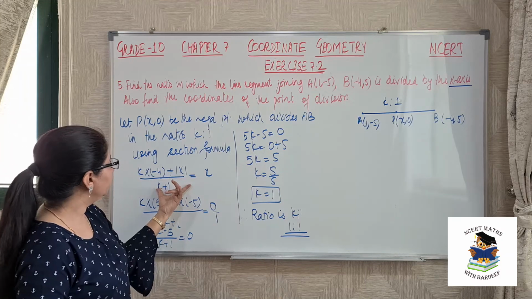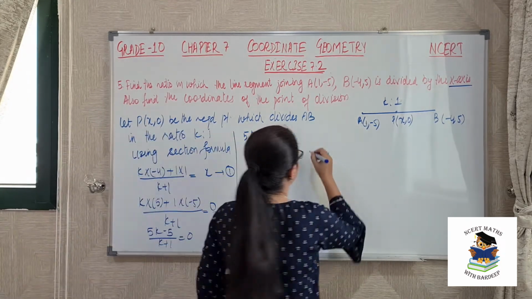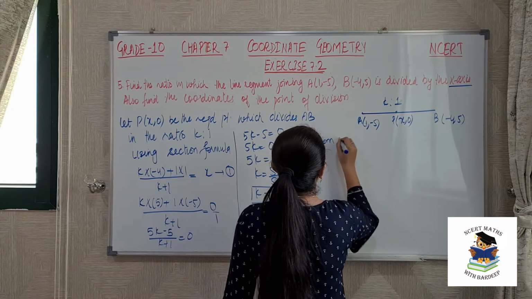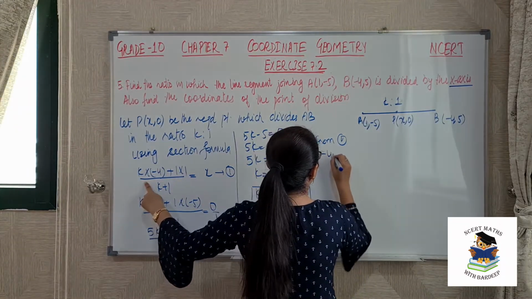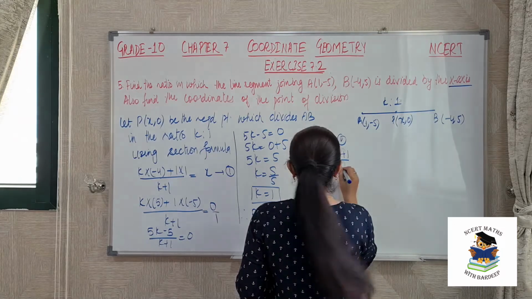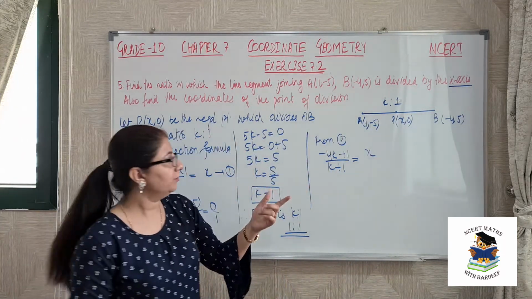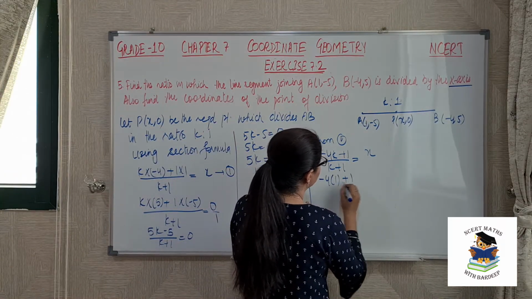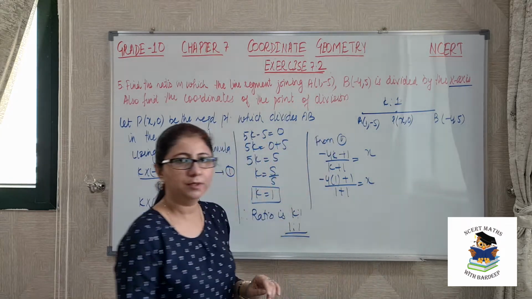So we will put the value of x in this equation now. Let's solve this. This is (-4k + 1) over (k + 1) is equal to x. Now put the value of k as 1. So (-4 times 1 + 1) over (1 + 1) is equal to x.